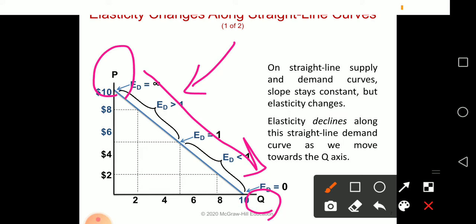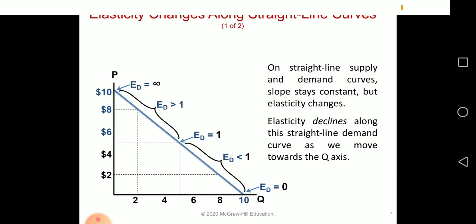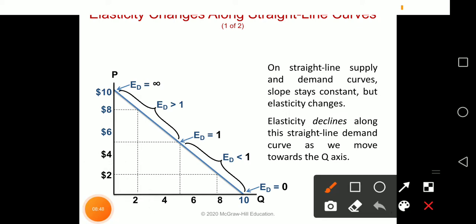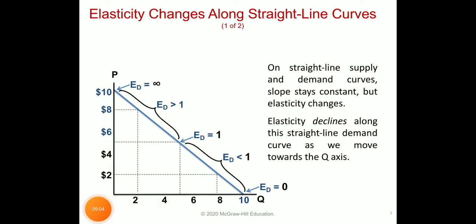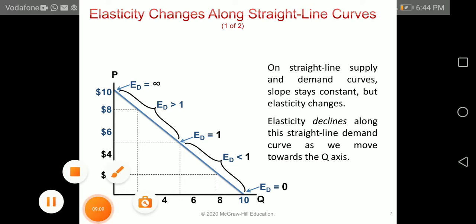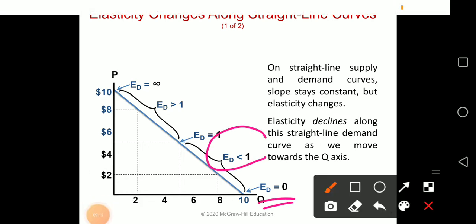When I go down, the elasticity of demand is greater than 1, and this one is called unitary elasticity. And we have no elasticity at all.